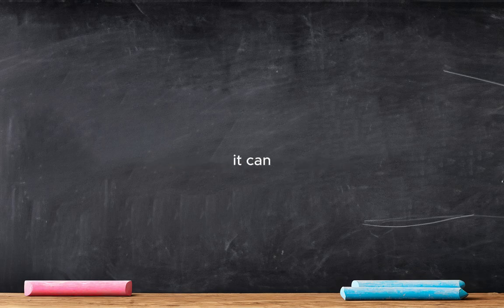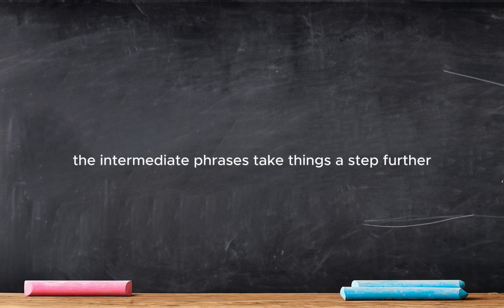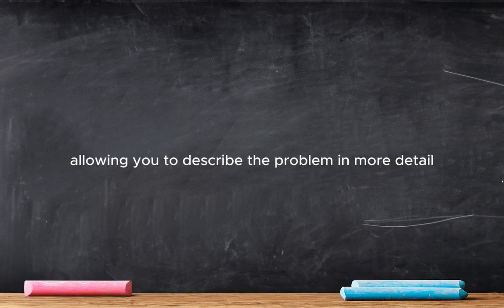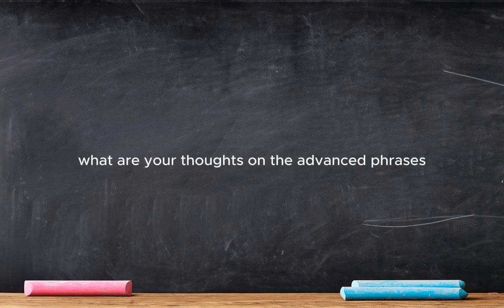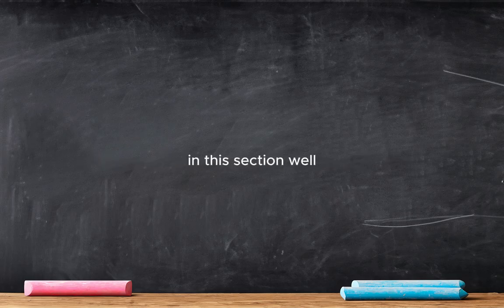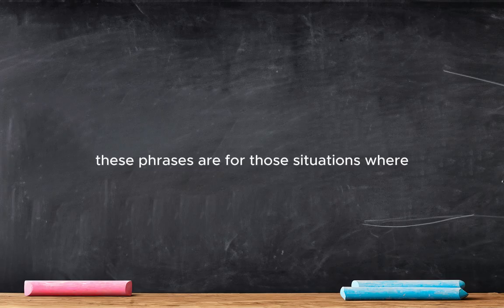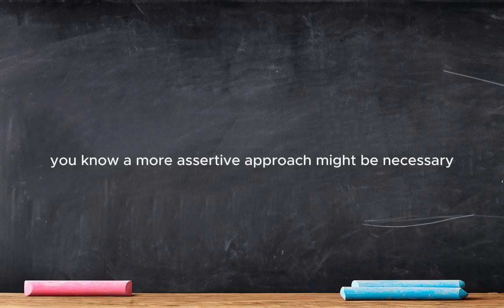The intermediate phrases take things a step further, allowing you to describe the problem in more detail, suggest possible solutions, follow up on your request. It's about advocating for yourself, making sure your needs are met. What are your thoughts on the advanced phrases in this section? Well, these phrases are for those situations where a more assertive approach might be necessary.